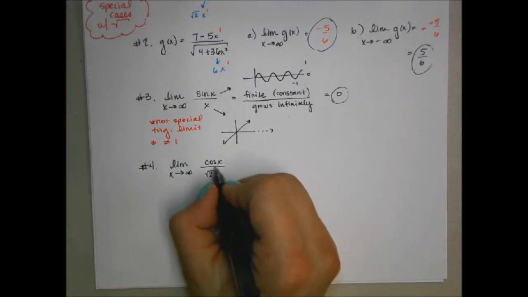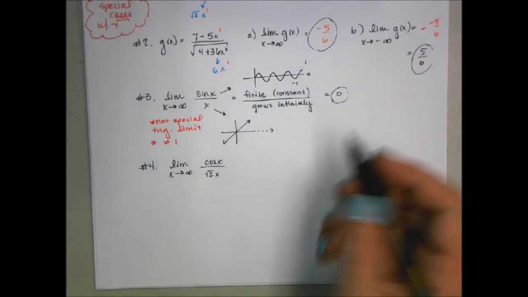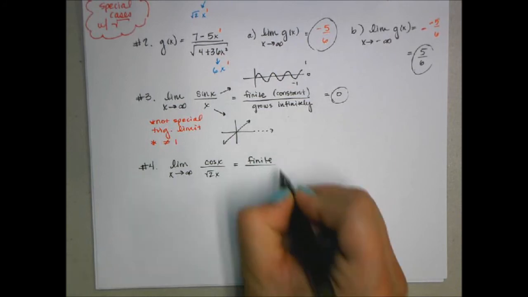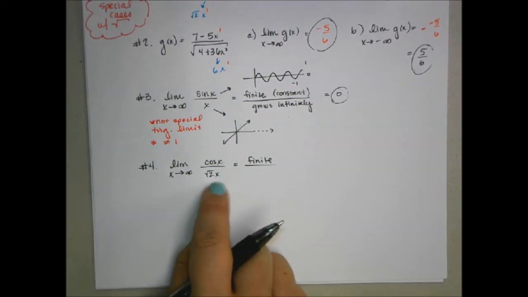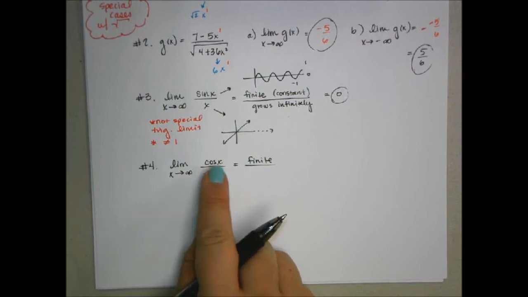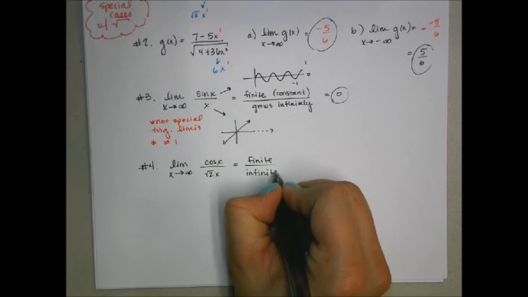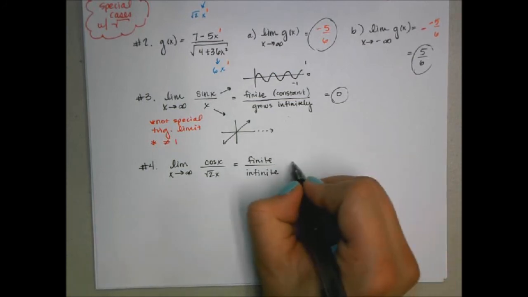Cosine just does the same thing here as sine, and it has a finite value on top. On the bottom, this is just a coefficient of root 2. It doesn't really matter. X is just going to keep getting bigger and bigger. So it's finite over infinite. And if I have a small number on the top and a large number on the bottom, my limit always goes to 0.